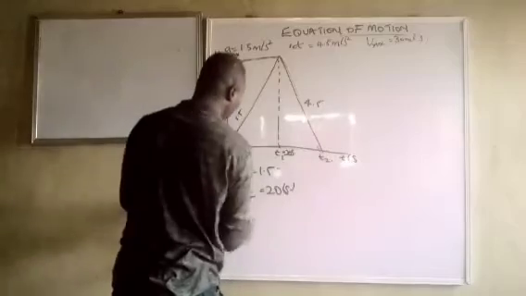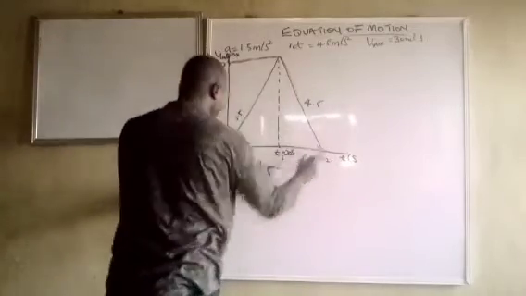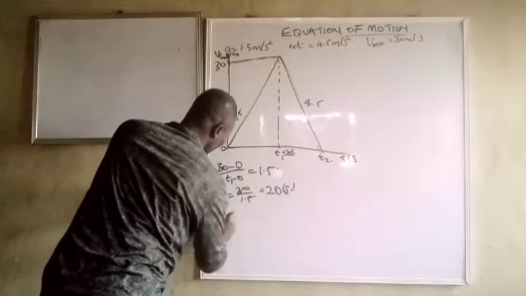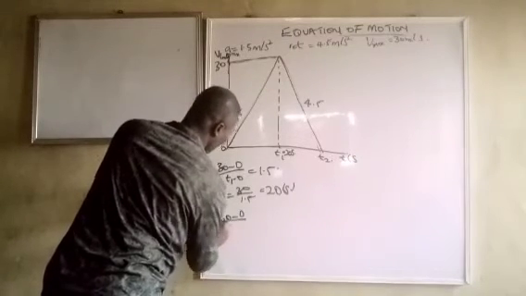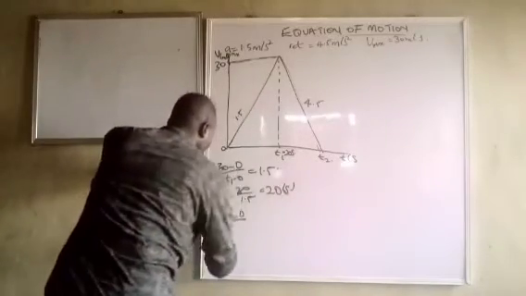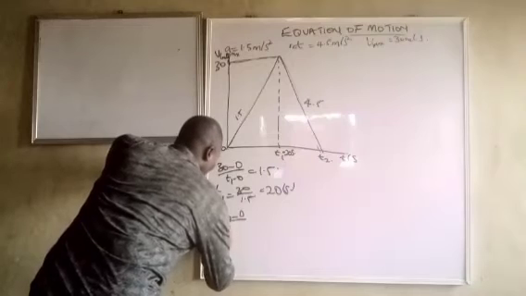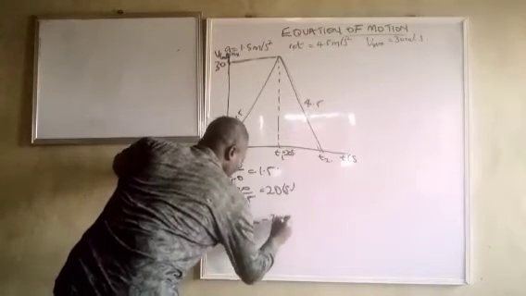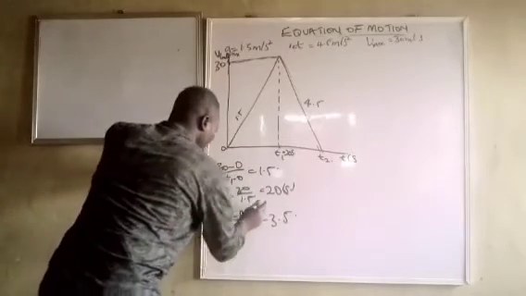Let's see how long it will take for this place too, from 30 to 0. It's going to be 30 minus 0 over T1 minus T2 is equal to minus 4.5, sorry, minus 4.5. And what is our T1?